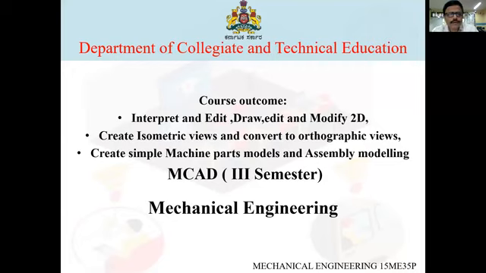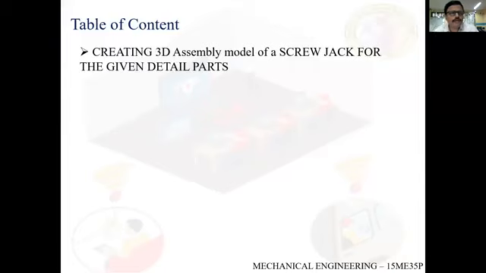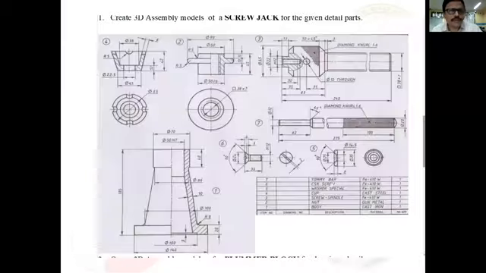In this session, we are going to teach you how to do the assembly of a screw jack when the part details are given. The screw jack, as you all know, is a very important part used for lifting moderate and heavy loads.